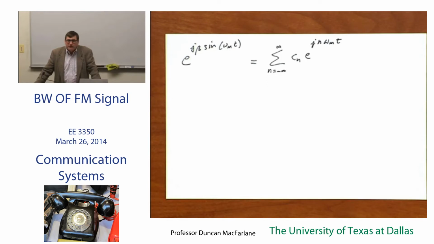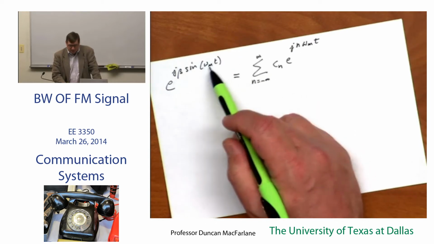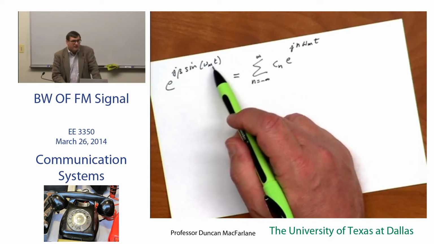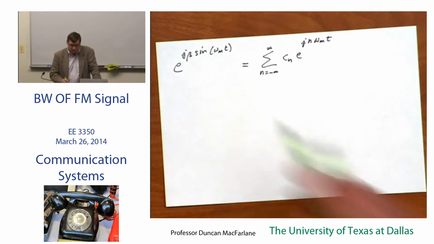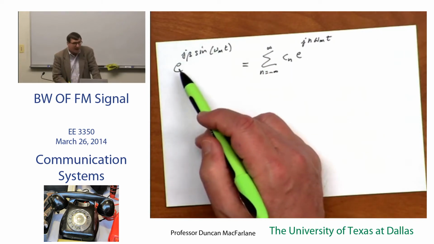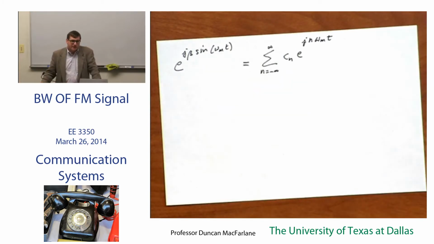Of course, with a little bit of effort, with 2 or 3 lines, you can show that this is periodic in omega m with a period of 2 pi over omega m. Whatever value I have here will come back to the same value when the sine comes back to its point.